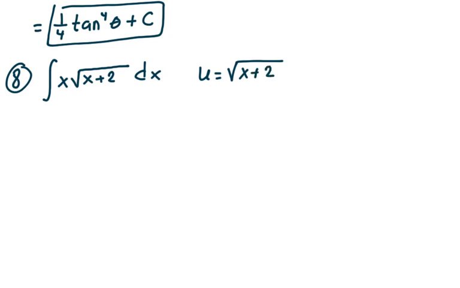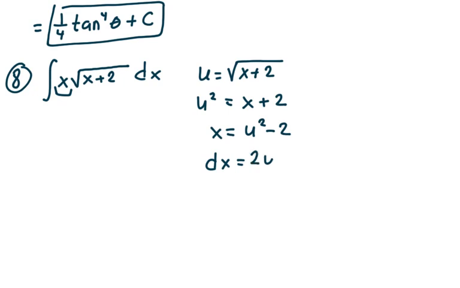To get rid of that radical, we need to square both sides. And so u squared is equal to x plus 2. But I need to figure out what x is. So x is u squared minus 2. dx is 2u du.